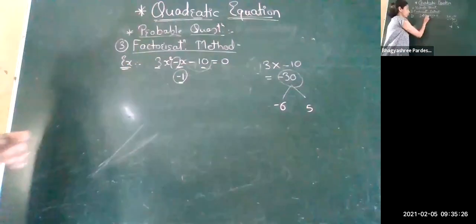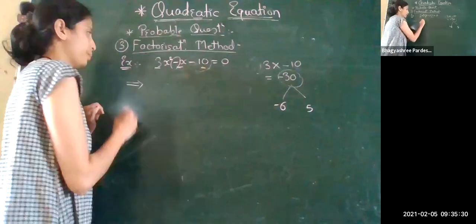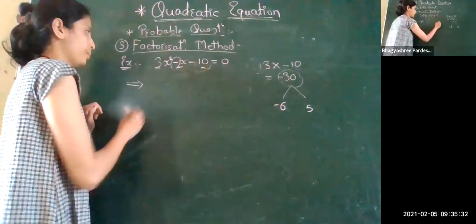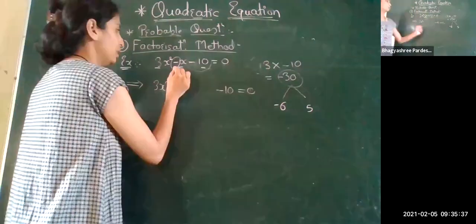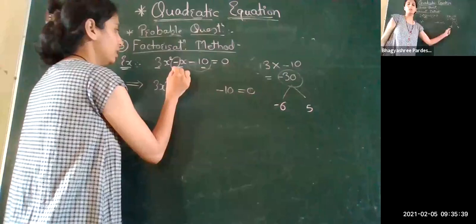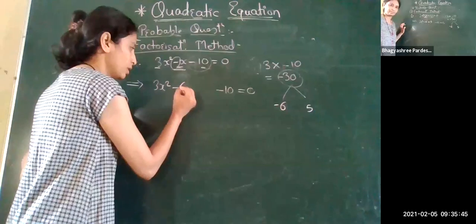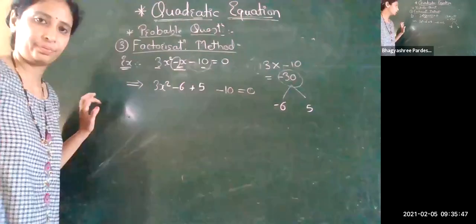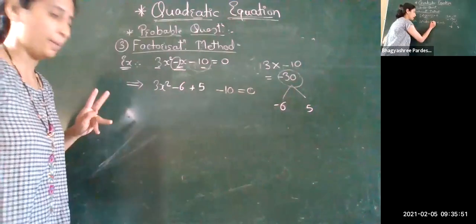Now while writing, what we have to do is simple. The first and last terms will remain as they are. And instead of this minus x, we are going to substitute these 2, that is minus 6 plus 5. But there is the x, so don't forget to write the x: minus 6x and plus 5x.